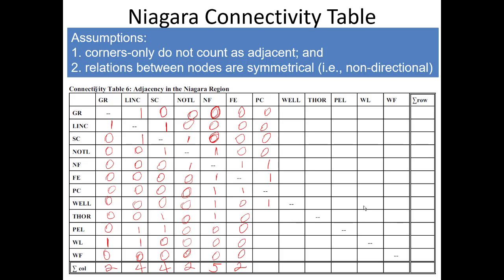It does share a border with Welland. It does not share a border with Thorold. Does not share a border with Pelham. It does not share a border with West Lincoln, but it does with Wainfleet. So there we've got 1, 2, 3, 4. So we have a measure of centrality of 4 there.